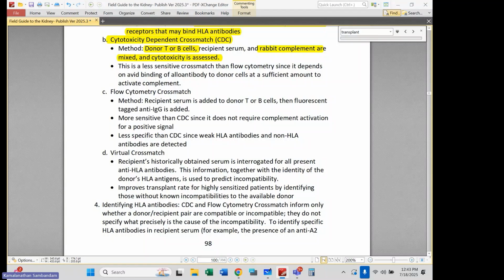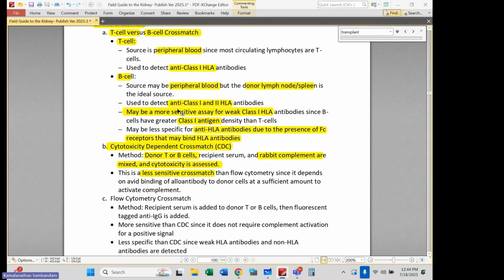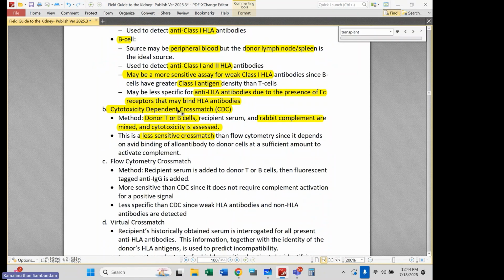The kidney starts looking dusky, and you lose the kidney within hours. This is, again, less sensitive than the flow cytometry crossmatch. Flow cytometry crossmatch is the more sensitive test.